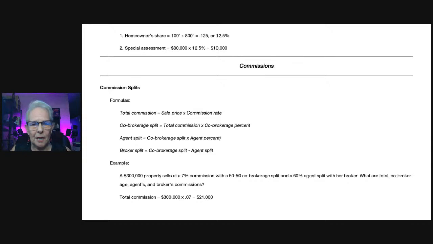Other boutique companies may have a lower split. EXP has a lower split. It's 80-20 and a cap at $16,000.